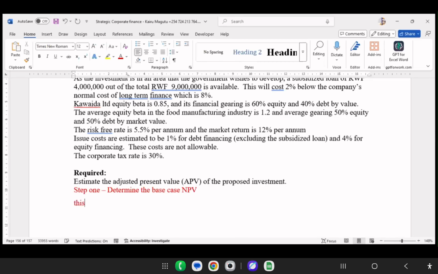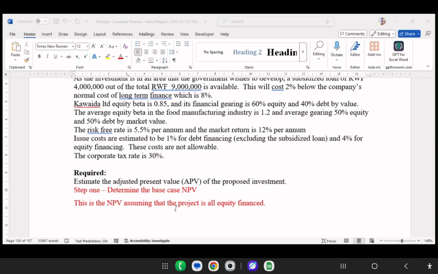This is the NPV, assuming that the project is all equity financed. You assume that the project is all equity financed.